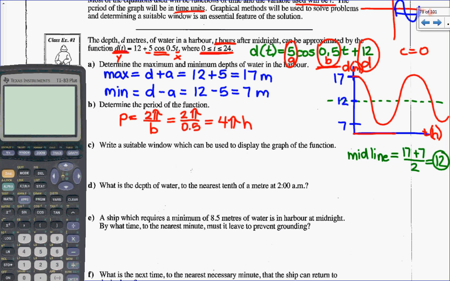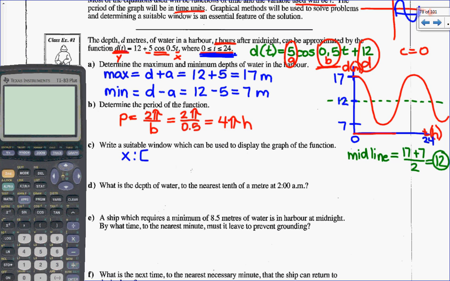All right, let's see if we can figure out a suitable window that could be used to display this graph. So we need to figure out then what would be suitable parameters for our x. Well, if our x is time, it tells us right here that our domain is from 0 to 24. So 0 hours to 24 hours.